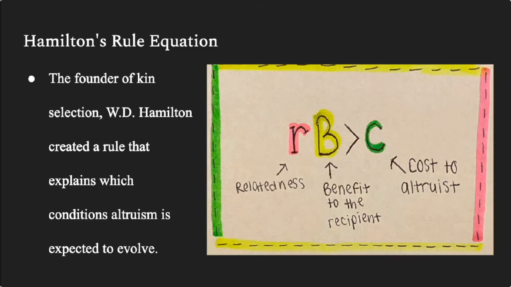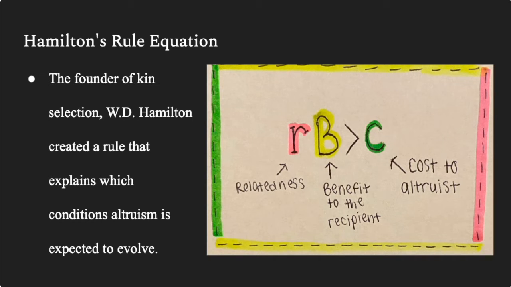In 1964, the founder of kin selection, William D. Hamilton, created a rule that explains which conditions altruism is expected to evolve. Hamilton's rule explains kin selection and predicts that specific behavior evolves under different combinations of relatedness, benefit, and cost.